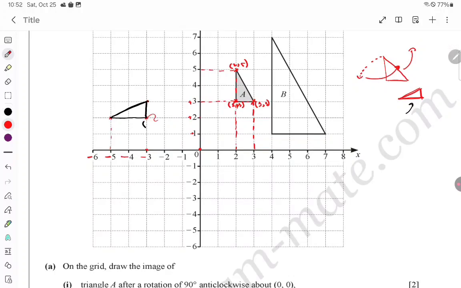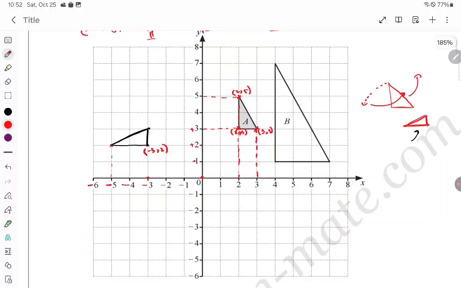This is our (-3, 2), because on the 90 degree shift to the second quadrant the x will become negative. This is our (-3, 3) and this is our (-5, 2). So this is our triangle after the 90 degree shift.